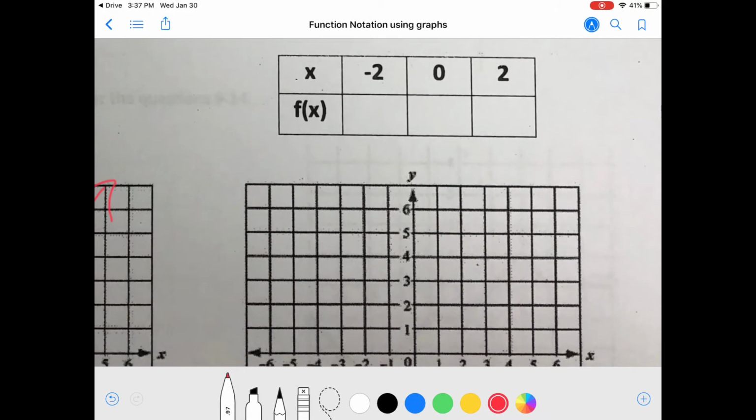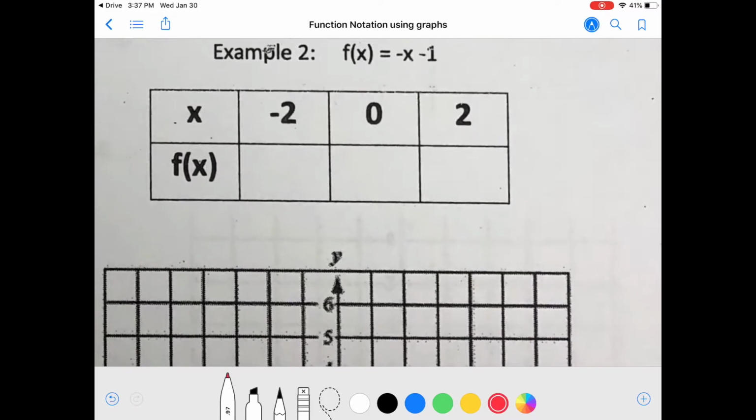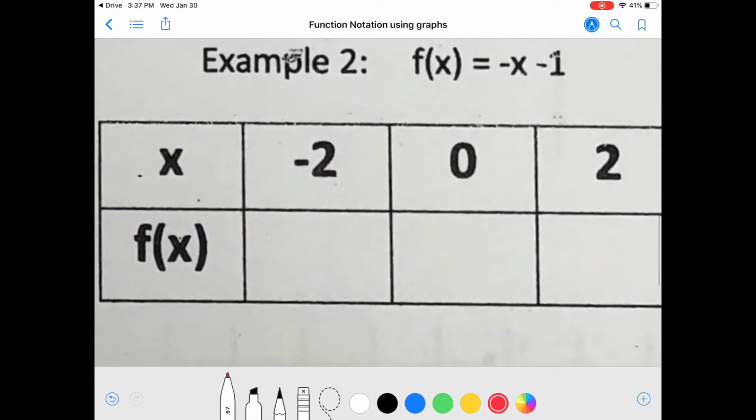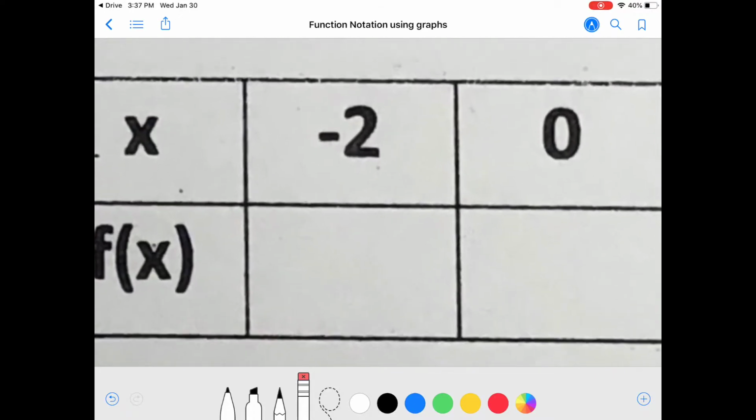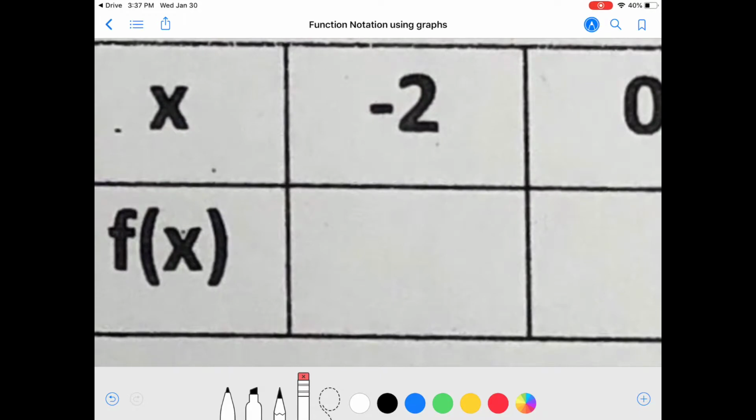Now we're going to do it for the second example. The second example, we've got f of x equals negative x minus 1. So we're going to plug in negative 2, so f of negative 2 equals negative 2 minus 1. I know this is a little bit extra, and actually I'm going to rewrite this really quickly because I want you to actually look at what I'm writing.